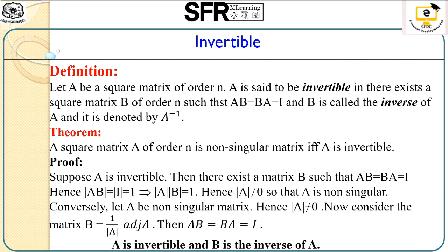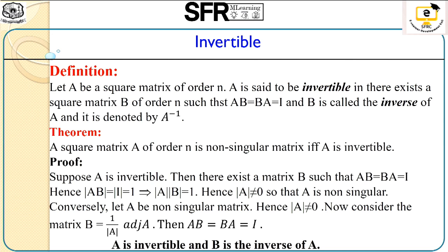It is also the determinant of I, the identity matrix, which implies, by the property we already know, that determinant of AB equal to the product, determinant A into determinant B. So determinant A into determinant B is equal to determinant I, which is 1. Hence determinant A is not equal to 0, so that A is non-singular.